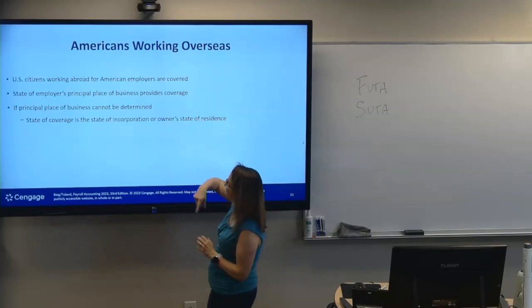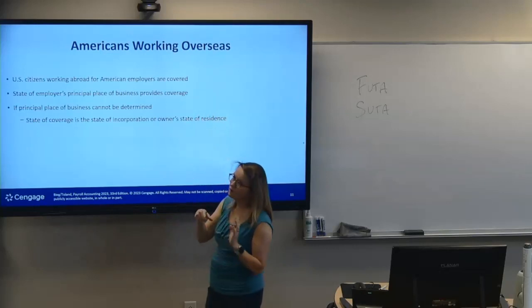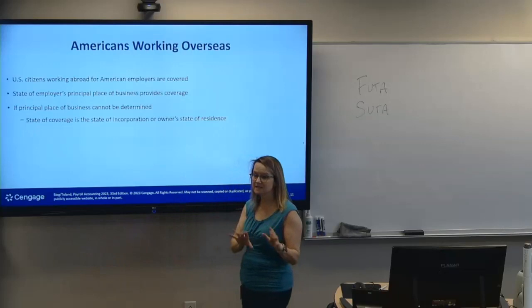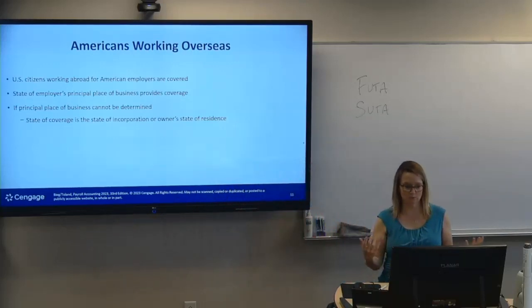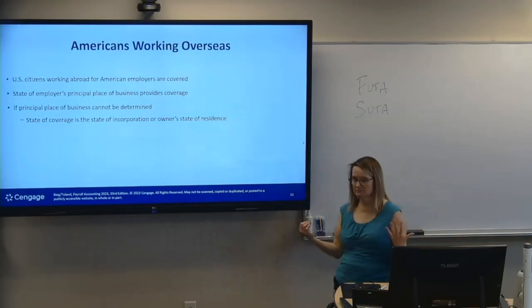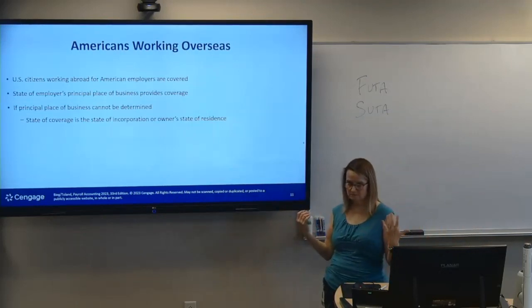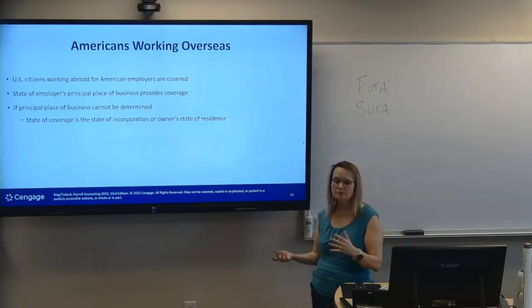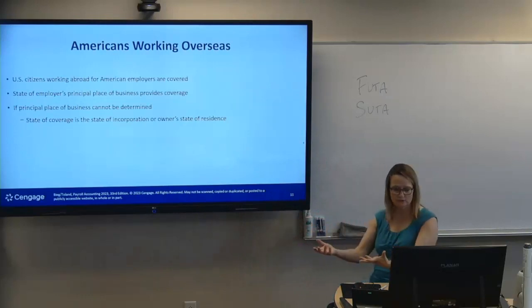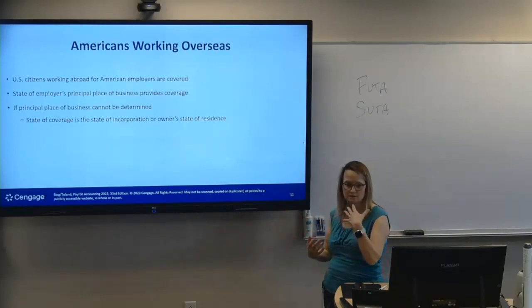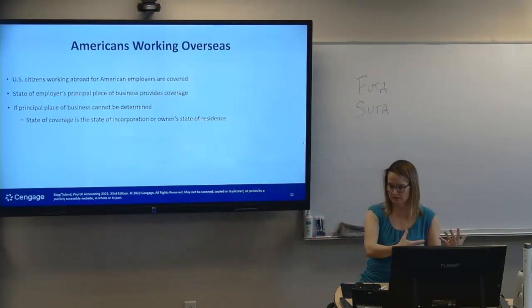If you are covered, it would be under the state of the employer's principal place of business. I don't know where Amazon's principal place of business is, but let's just say, are they Texas? I thought it was Oregon. Could be. Okay, we'll call it Oregon. So even though you're living in France, you're an American citizen working for Amazon in France, you would be covered under the Oregon unemployment laws.